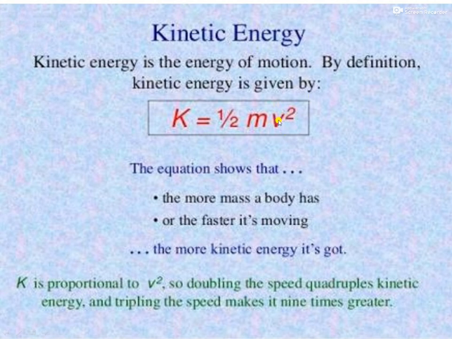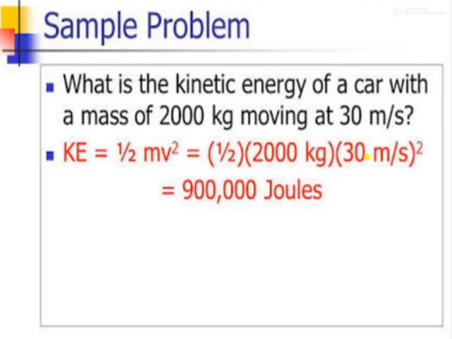If the velocity is 2, then 2 squared gives 4 times the kinetic energy. If it is 3, then 3 squared is 9, so the kinetic energy will be 9 times greater. So students, in this way we have found out what kinetic energy is.